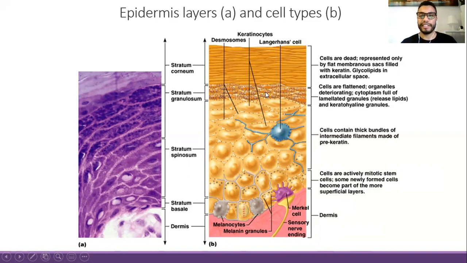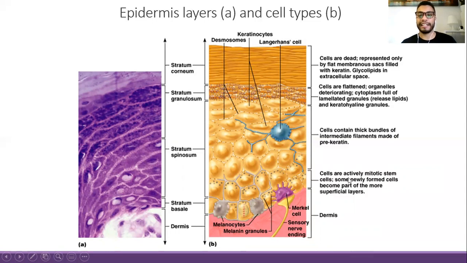In granulosum, we have keratinocytes, they are flattened here, and their organelles are constantly deteriorating, and the cells eventually die. In the stratum spinosum, this is the layer which gives elasticity to the skin because we have tonofilaments, okay?